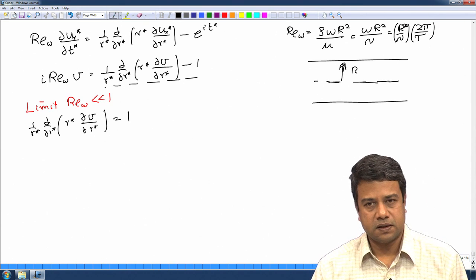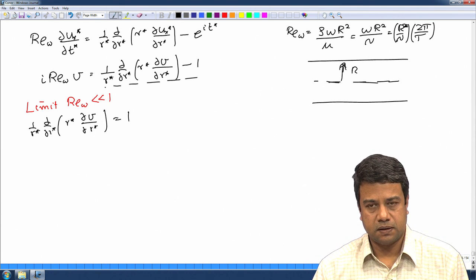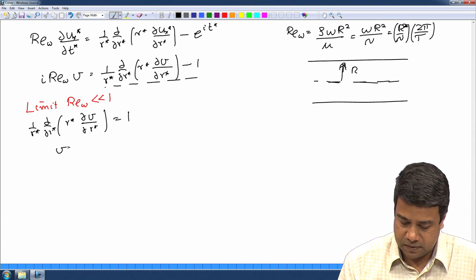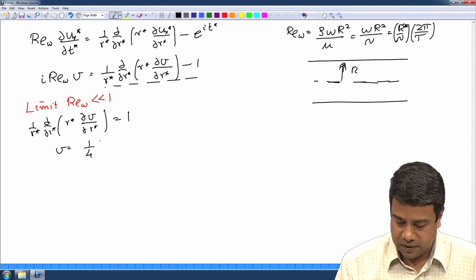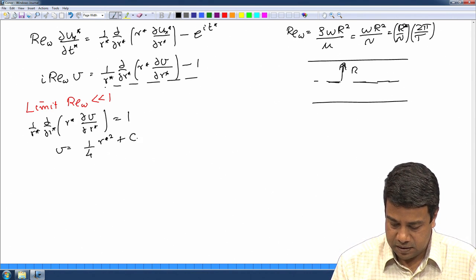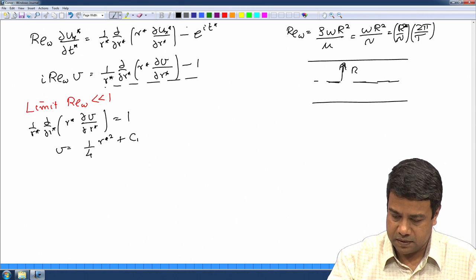This is just equal to 1. And I can solve this, I will get v is equal to 1 by 4 r star square plus C1. So let us integrate this.